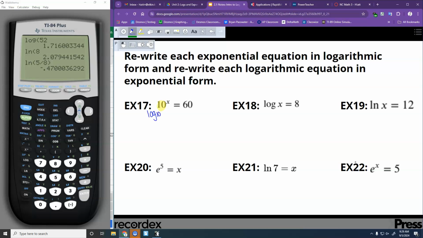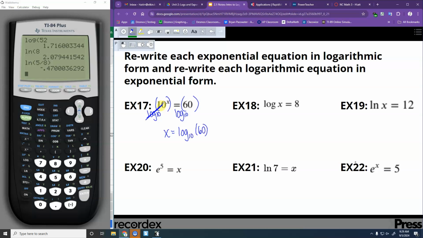So you'll use log base 10 of both sides. Over here, it will cancel out that 10, right? So if we've got 10 as the base of our exponent, it gets canceled out by that log. We just have an x over here. On the right side, we've got log base 10 of 60.